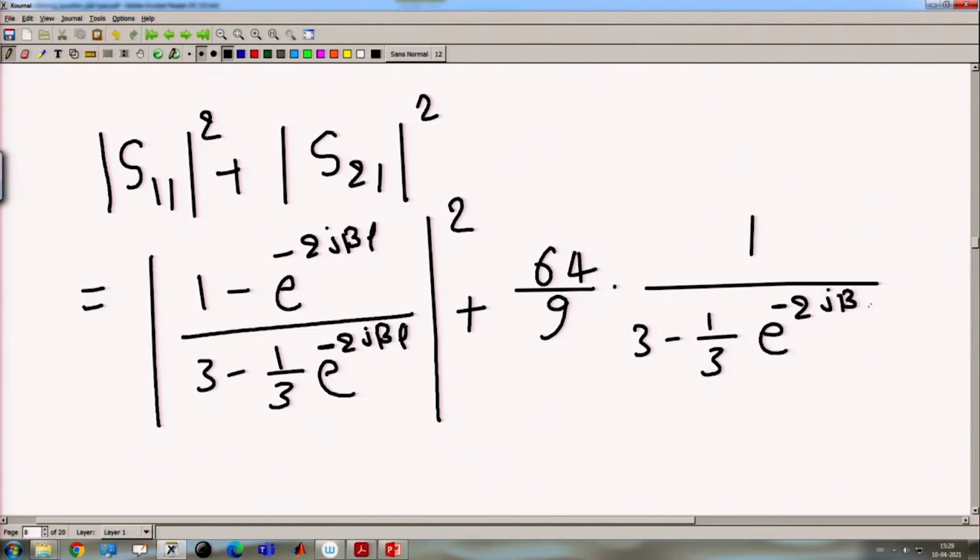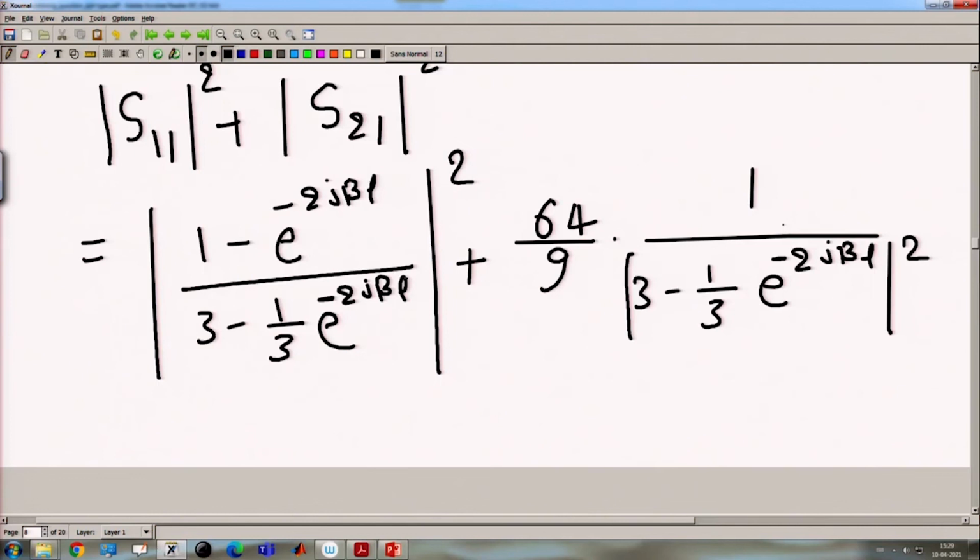We are just substituting the above values. Here it is mod: mod of S11 whole square plus mod of S21 whole square. So, it is coming in this format.